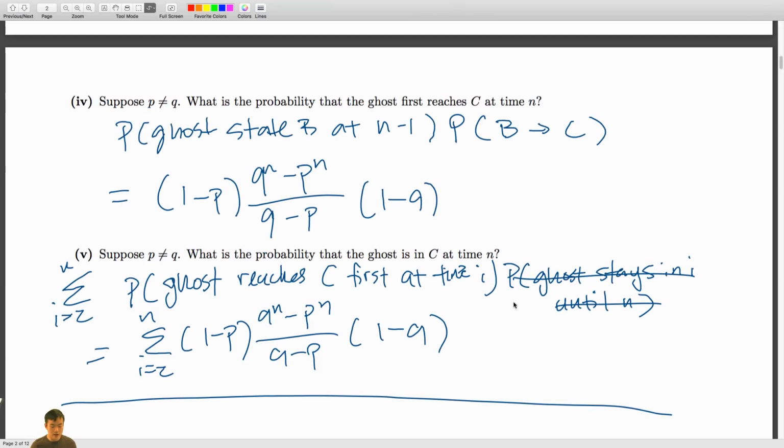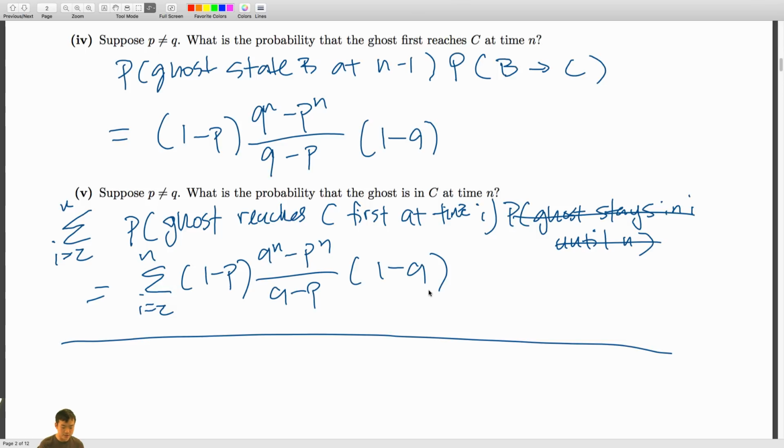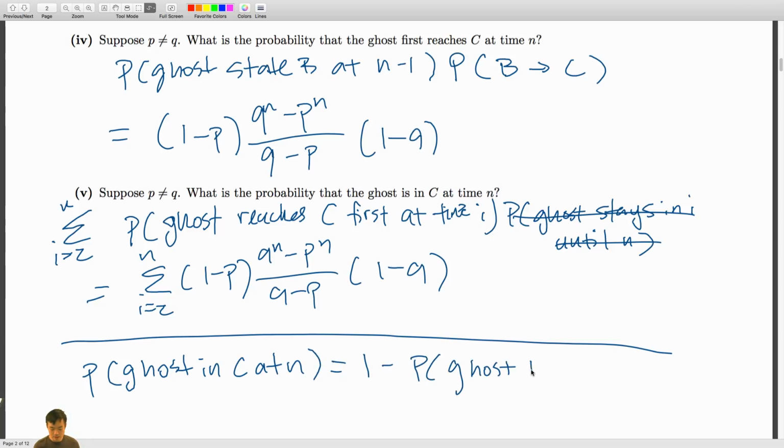Another thing you could try is to think of this probability in a different way. For all these probability questions, there are usually a lot of different ways you could compute the final probability. For this question, if we're considering the probability that the ghost is in state C at time step n, we can instead consider this as 1 minus the probability that the ghost is in B at n, minus the probability that the ghost is in A at n.